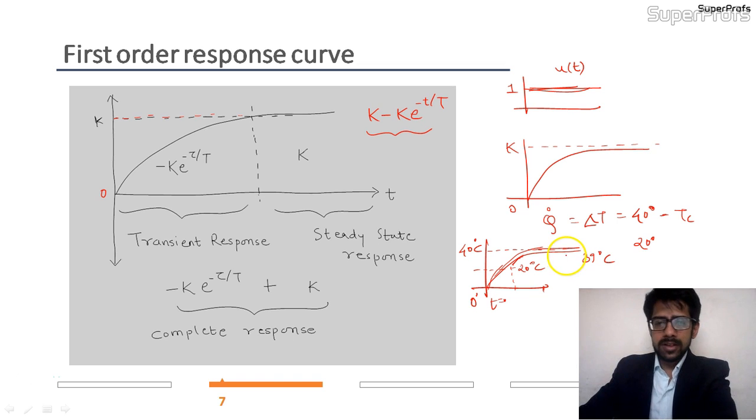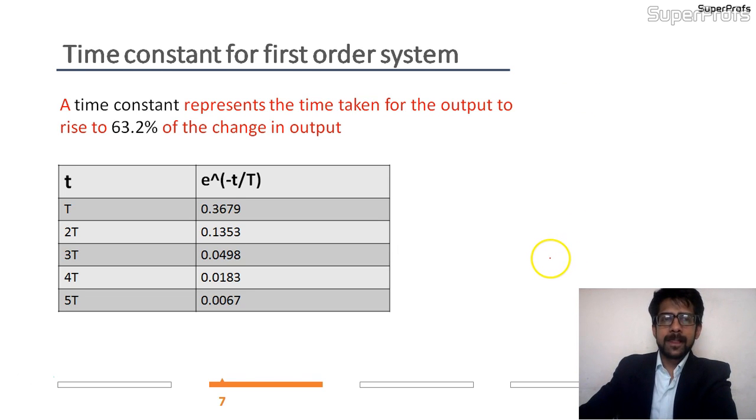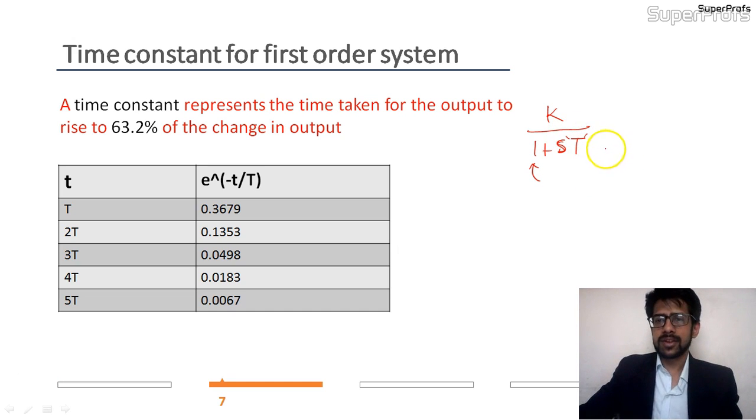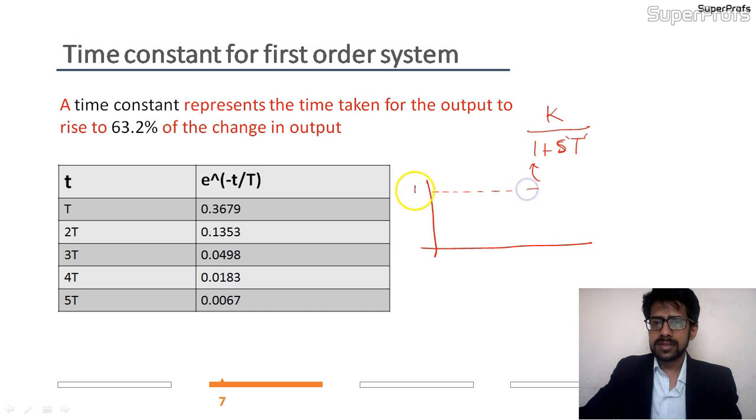Let us go forward and see what a time constant is for the first order system. As we saw, we can model a first order system as K upon 1 plus sT by making the constant term 1. Whatever is the coefficient of the term s, we call it a time constant. But what is the physical significance of the time constant of a system? We saw that the graph of any first order system is like this.